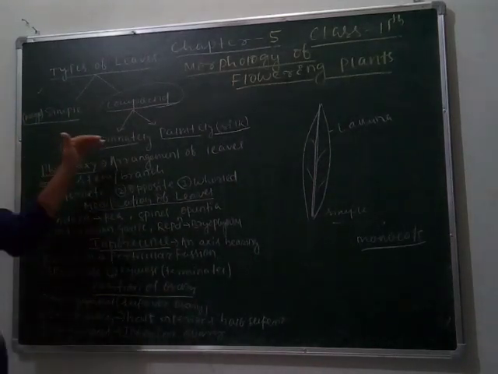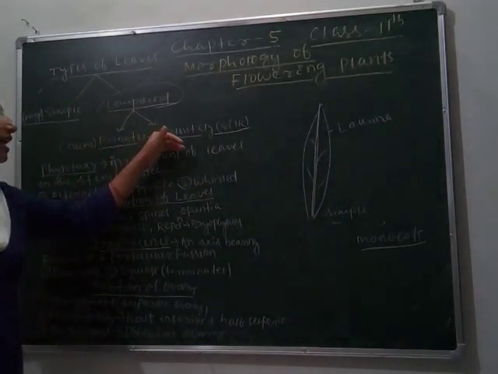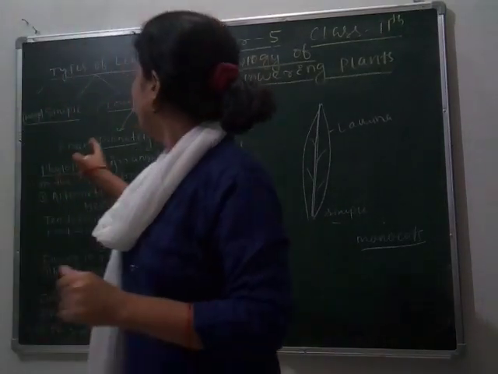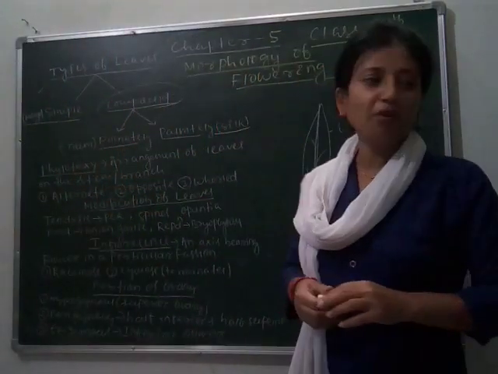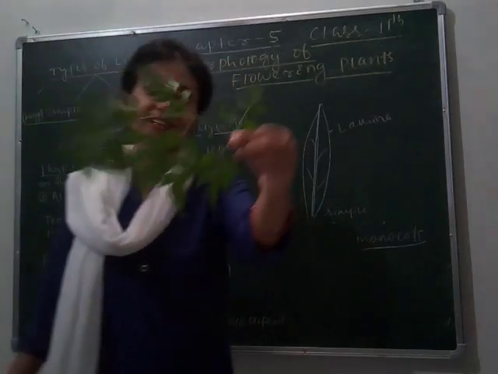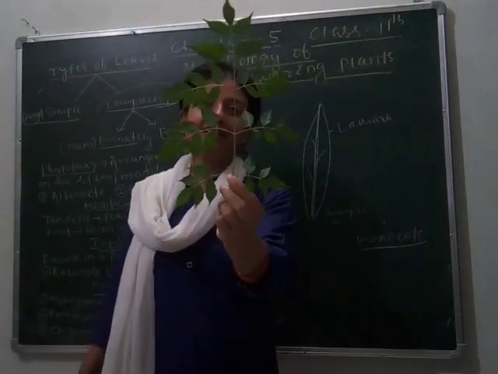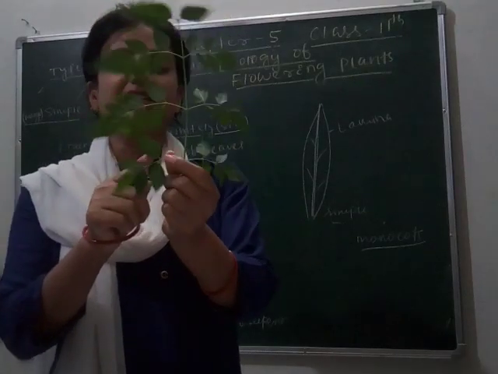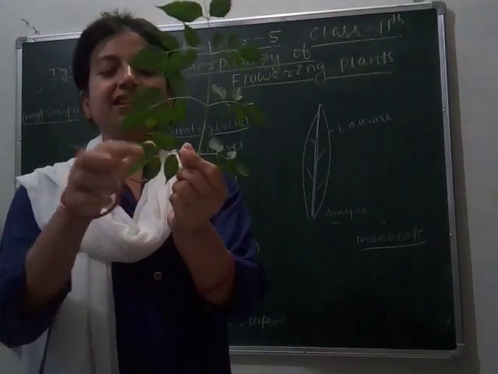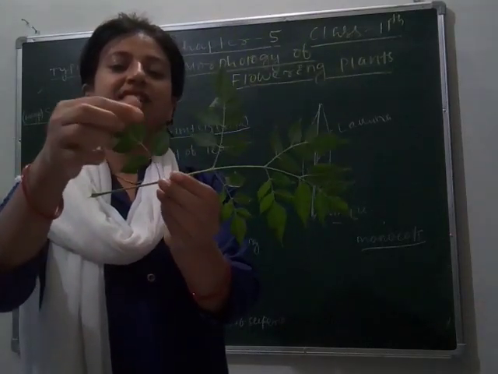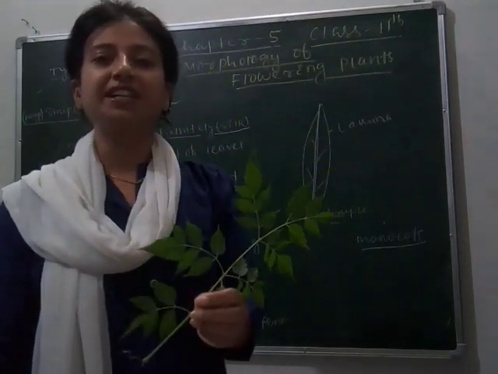So what are pinnately compound and what are palmately compound? We have to understand this. Is it visible to you? If the leaves arise from the rachis, like in this fashion, then this is called pinnately compound.